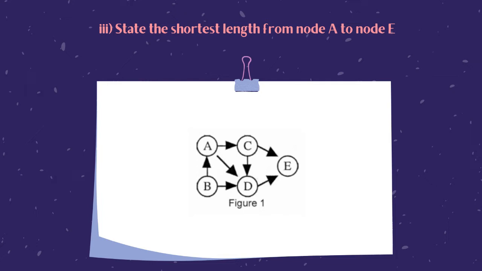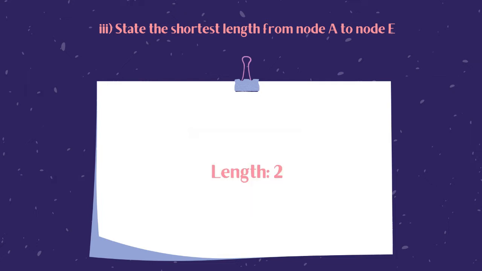And lastly, we take a look from node A to node C to node D and lastly to node E, and we got 3 lengths. So the answer for this question is 2 for the length.